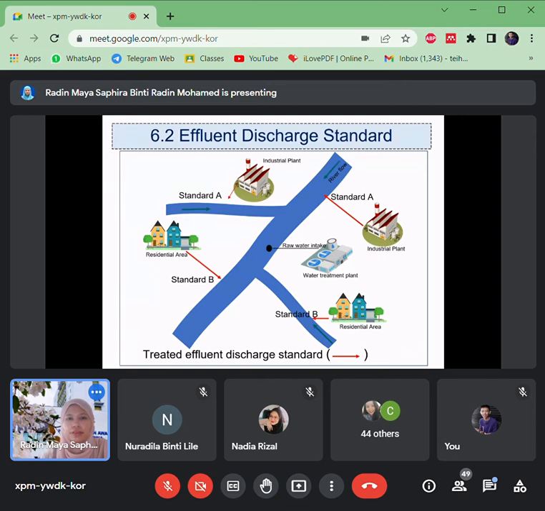Okay, what does it mean by effluent here? Effluent tu apa? Siapa boleh jawab ya? Kakak lah. Jin Ziang. Yeah. Effluent. What does it mean by effluent here?